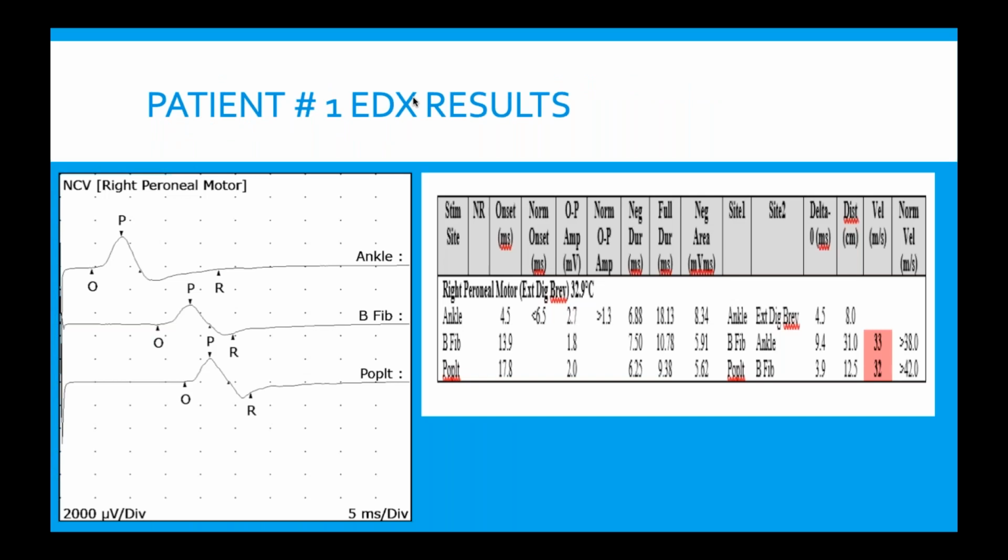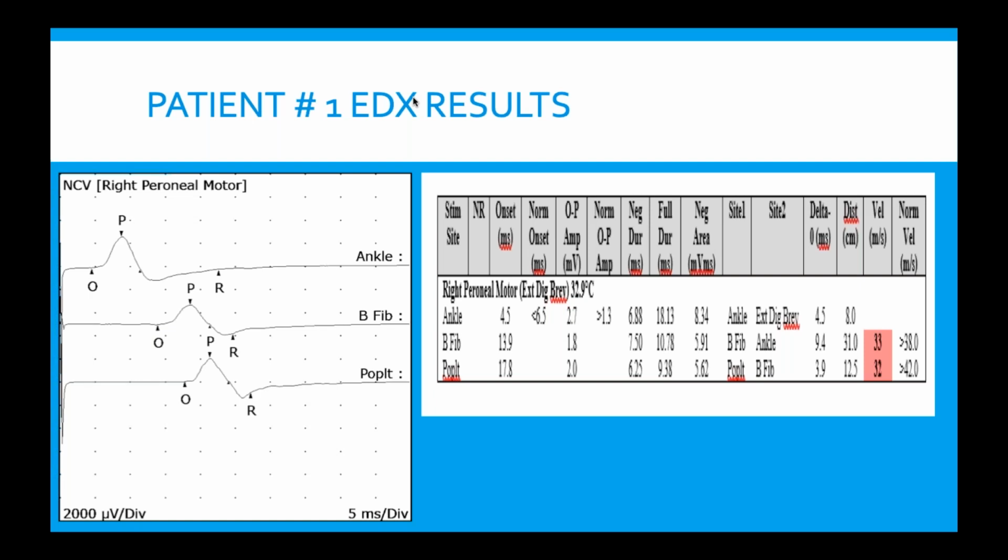So here's where it starts to get a little confusing. So we look at the peroneal motor, and I did get a little bit of volume conduction at the popliteal area. The amplitude increased just slightly, but if you can take a look, the amplitudes are a little low, but again, still within normal. Distal latency was fine, but it's the velocities that really started to draw a flag.